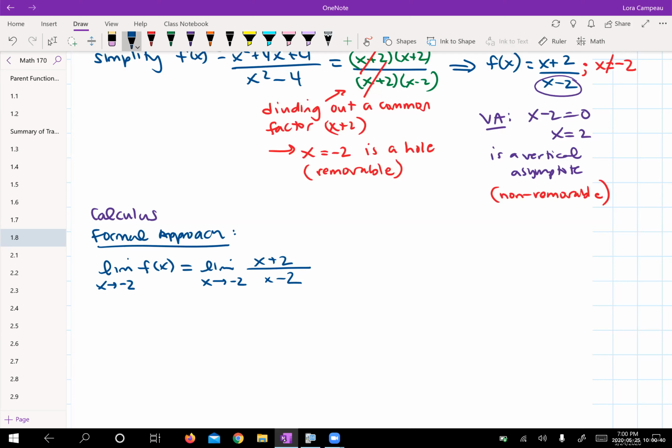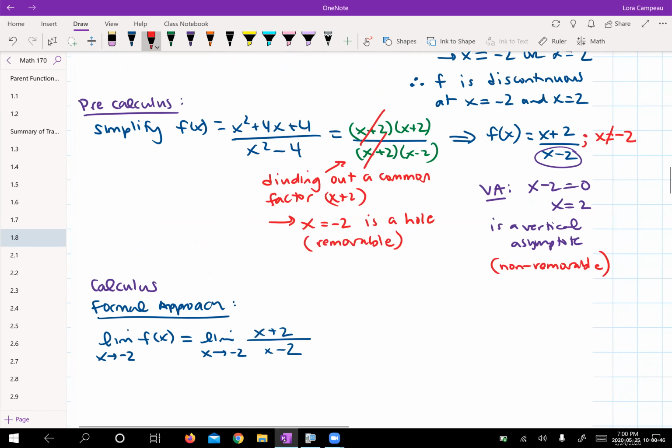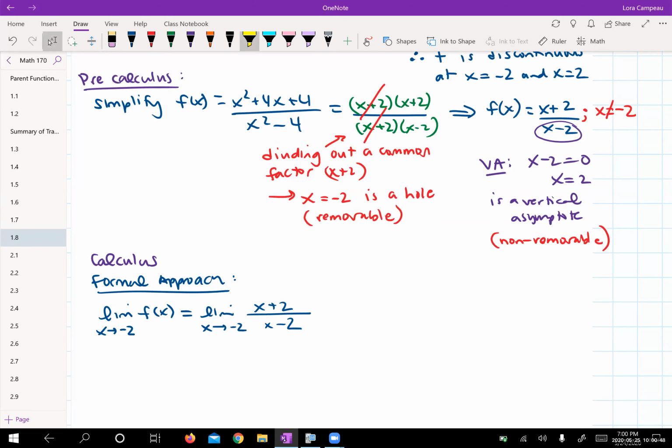And remember, since we're not defined at x equals -2 in our previous function, but we were able to divide out a common factor, if you look at plugging in -2 to the denominator at this point, you're going to be able to use direct substitution to calculate that limit. So we can do that.